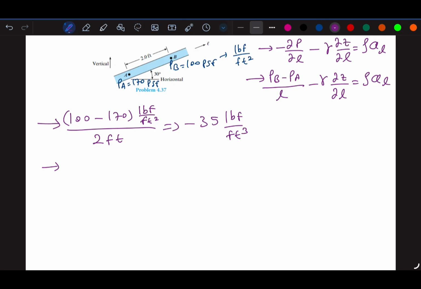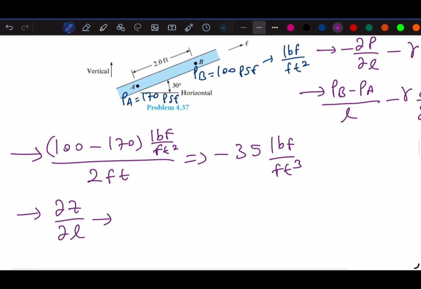And on the other hand, we had this term, so to find this we need to look at the shape. So let me move this here. So let's say we have Z here, and we have 30 degree.